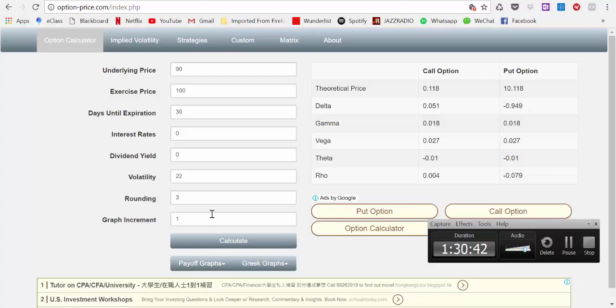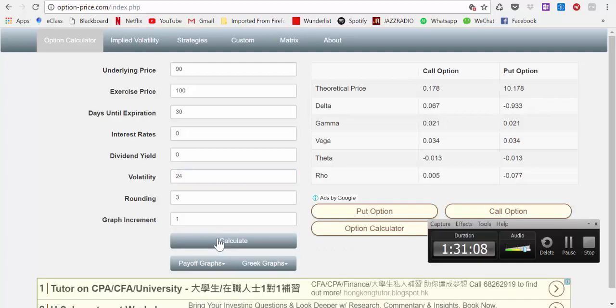Previously, when the option was at the money, even when I was moving up and down by 10 vols, nothing happened to the Vega. But here I just moved from 20 to 22. Already it's changing. Now 22 to 24, it will change again. Can you see that?